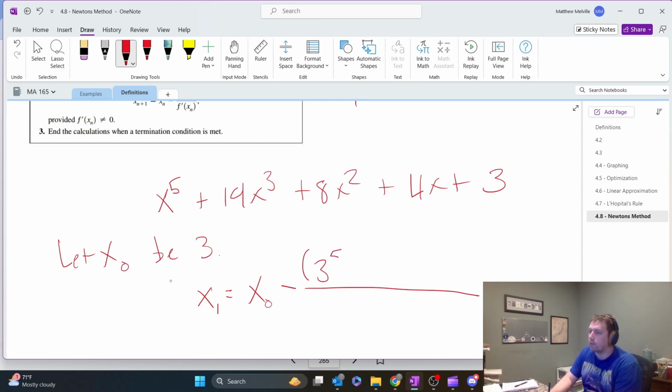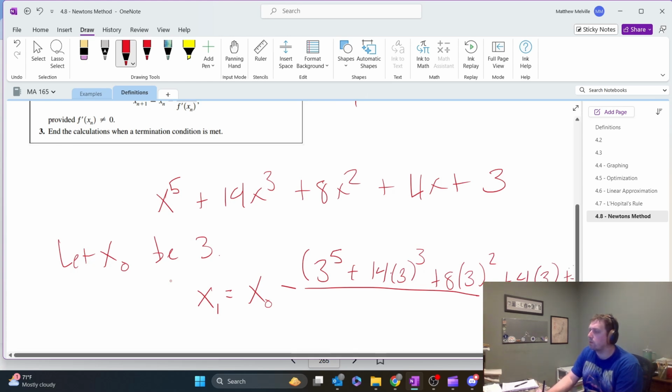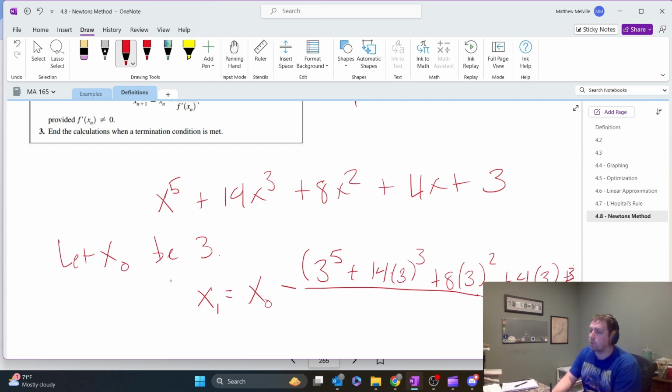3 to the 5th minus 14 or plus 14 times 3 to the 3rd plus 8 times 3 squared plus 4 times 3 plus 3, divided by my derivative of this, if this is f of x.